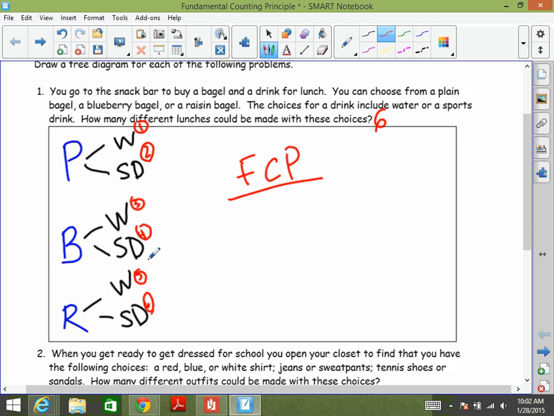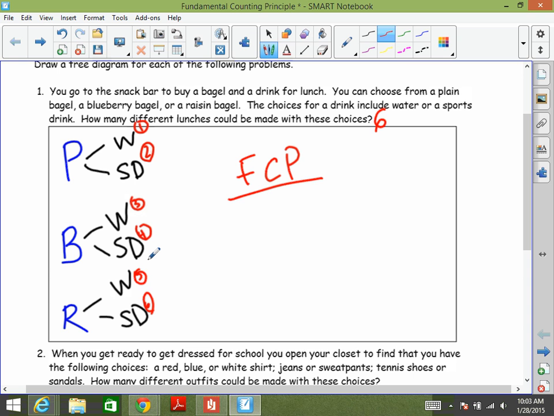Then you've got fries you could have with it. You've got fruit that you could order if you're a kid. You've got a small fry, medium fry, large fry, super size. Or you could get nuggets. So as the situations get bigger, your tree diagrams can get really, really big. And when the tree diagrams are really big, we get frustrated because it gets crowded and hard to read.